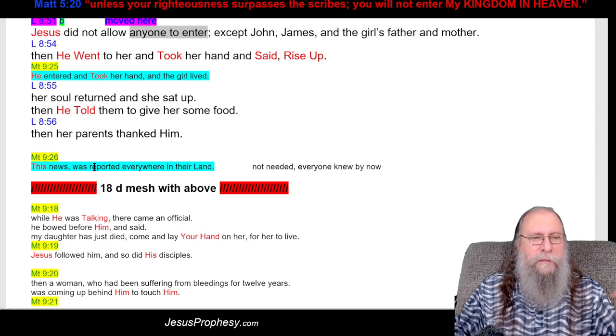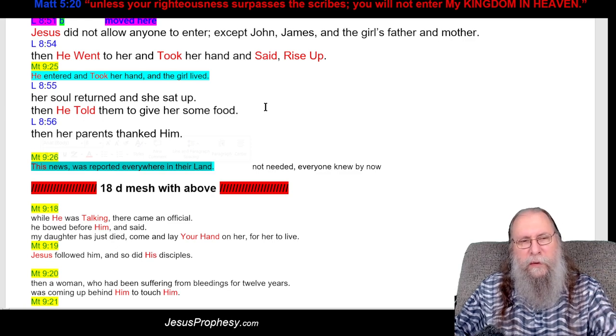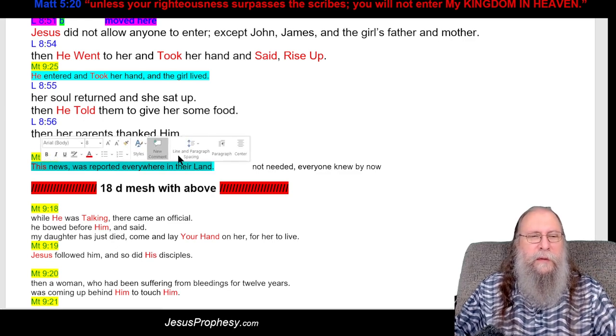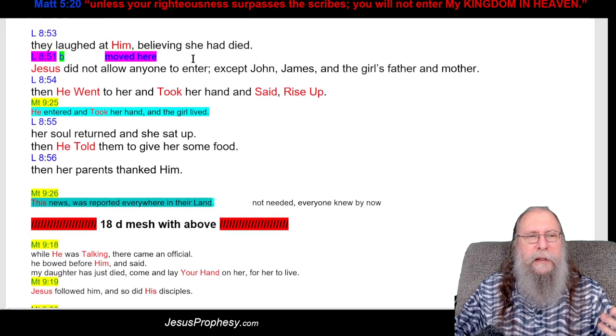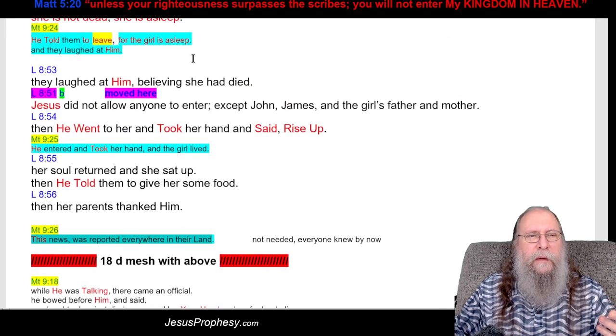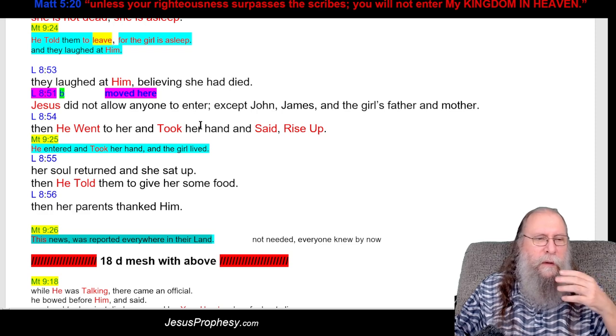This here verse is completely useless now because, see, this was reported everywhere in our land. Well, this is not really needed ever in the text because we've seen that the story is that the whole group is following them. So, raising someone who they think is dead, yeah, because here they're believing she had died.